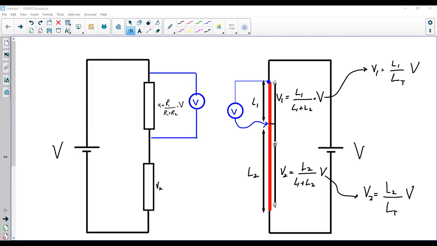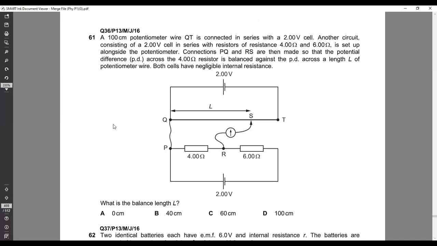So what you need to do, you need to practice this question number 61. I just shared this. Be careful to answer this.